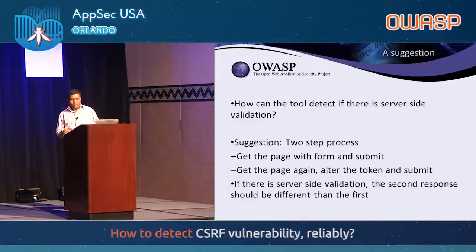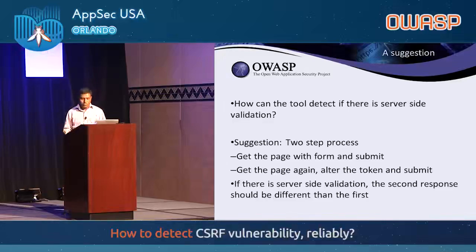If you submit a form that doesn't have the valid token, then the validation will fail on the server side, which means the response that comes back is not what it would be if the validation was successful. So there is a difference in the response.